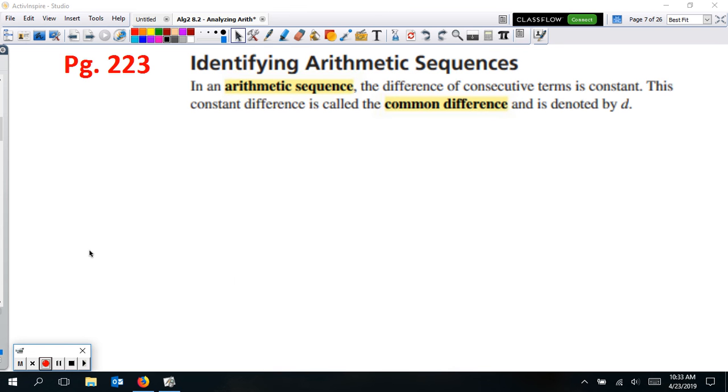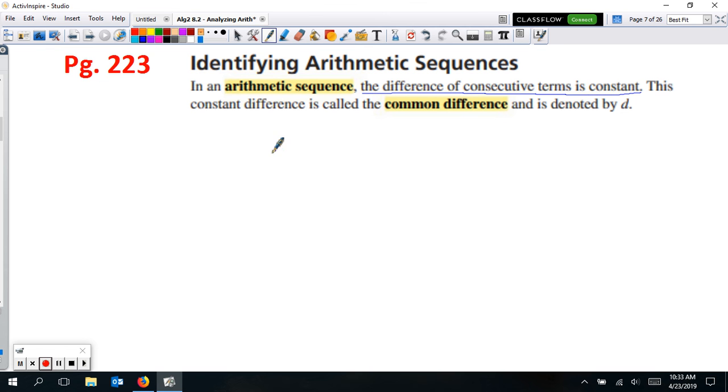Okay, so in your vocabulary, write down arithmetic sequence. Basically, an arithmetic sequence is where the difference of consecutive terms is constant, so you can write that down. The difference of the consecutive terms is constant.